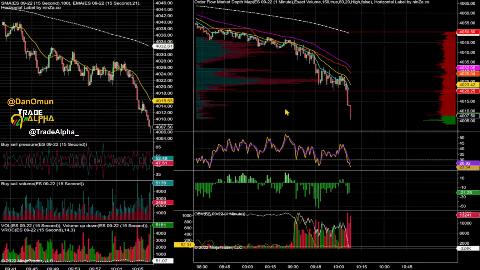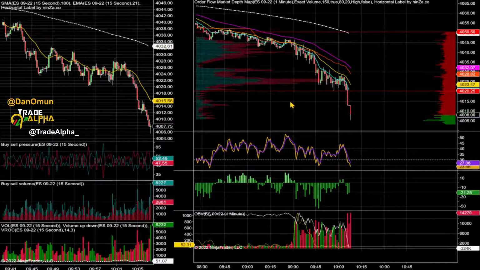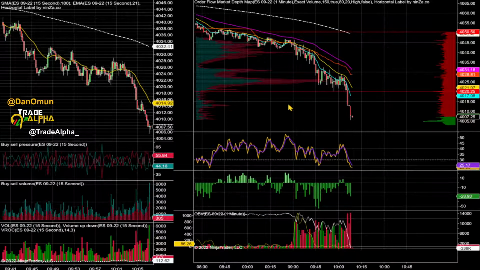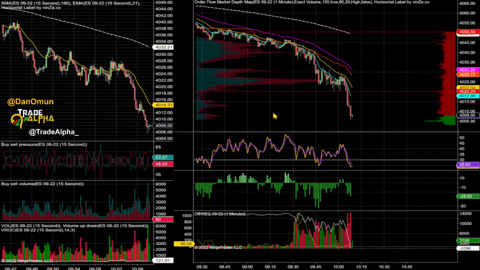I also want to get this out there before we proceed any further. Please do not copy my trades. This is for entertainment and reference purposes only. Just because I'm taking a trade on something doesn't mean that you need to jump in as well. I have my own unique risk reward profile.